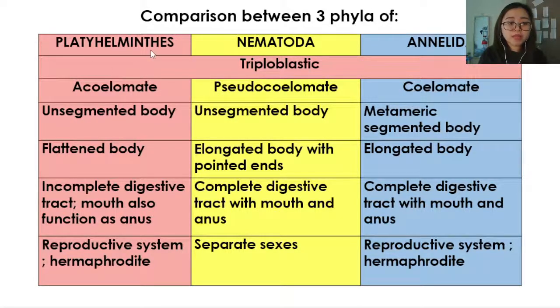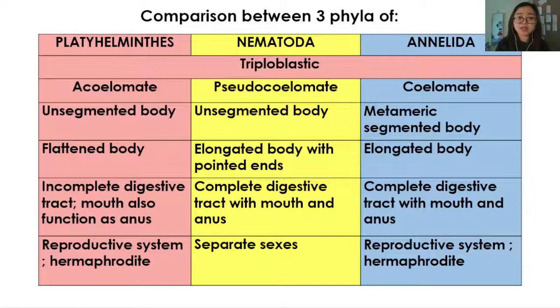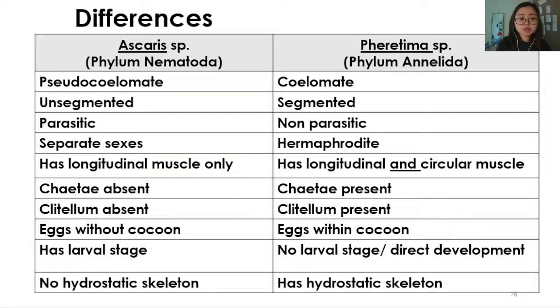So between Platyhelminthes, Nematoda, and annelids, the only thing they have in common is that they're triploblastic and they look like worms. But they are completely different worms because in terms of the body plan, segmentation, etc., they can be very, very different. So, kalau kamu boleh bandingkan antara tiga cacing ini menggunakan diagram table ini ataupun cuba buat perbandingan sendiri.